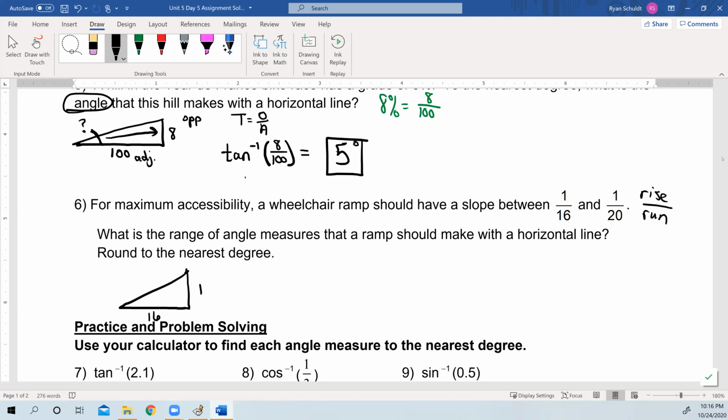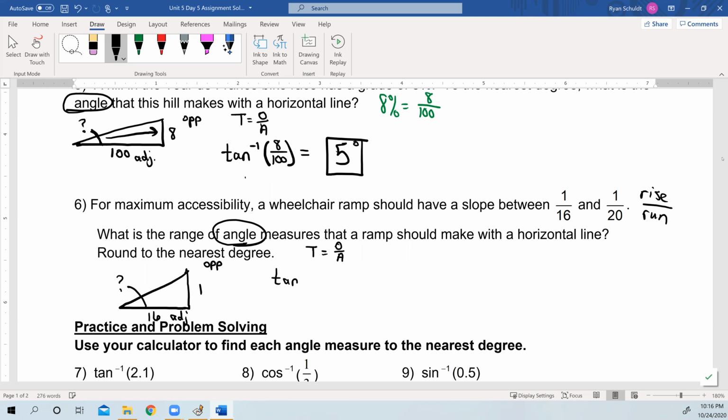So in every case, we're looking for this angle, which means this is our opposite, this is our adjacent. So which one uses opposite and adjacent? Tangent. But since I need angle measures, I have to do tangent inverse.